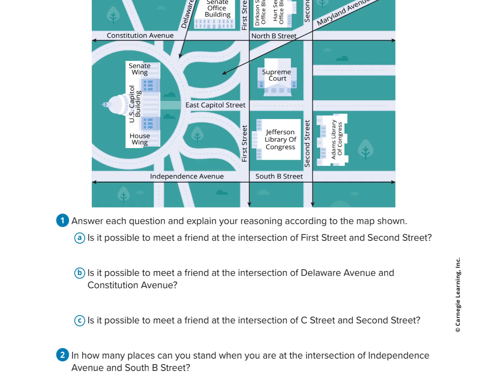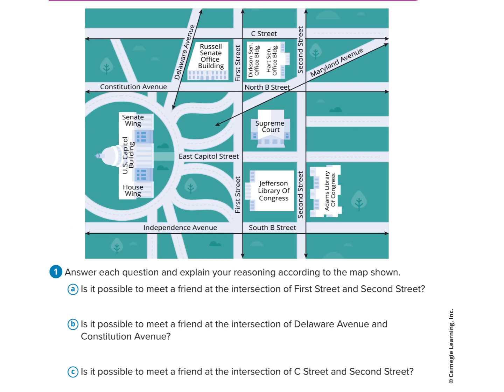Letter A says, is it possible to meet a friend at the intersection of 1st Street and 2nd Street? So if we were to look at those two streets, we have 1st Street and 2nd Street. What do we notice about these two lines? Hopefully you're noticing that they're parallel. They will never, ever, ever intersect.